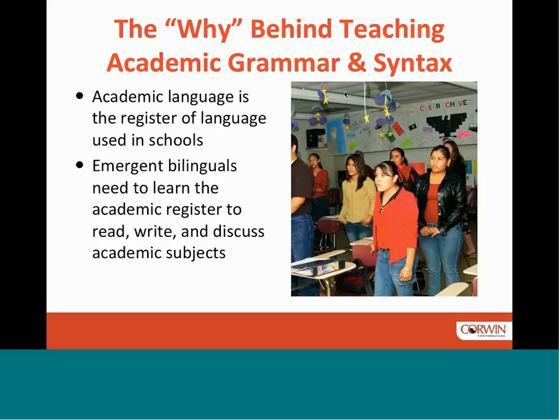For example, if I'm talking to my 6-year-old grandson, playing with him, the language I use, the intonation I use, the syntax I use is very different than when I talk to my 14-year-old granddaughter, and is different from when I talk to my neighbor, and very different when I'm talking in an academic setting. So our emergent bilingual students need to learn the academic register of different subjects in order to read, write, and discuss those subjects. Next slide, please.